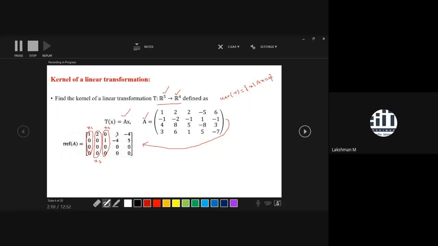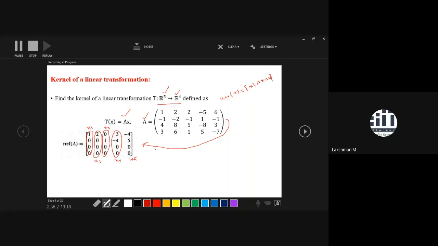What about x4? X4 is not having any pivot element, so it is a non-pivot column. That's why x4 would be your free variable. The variable associated with the fourth column is a free variable. Similarly, x5 is a free variable. So you observe here there are 2 dependent variables and 3 free variables.